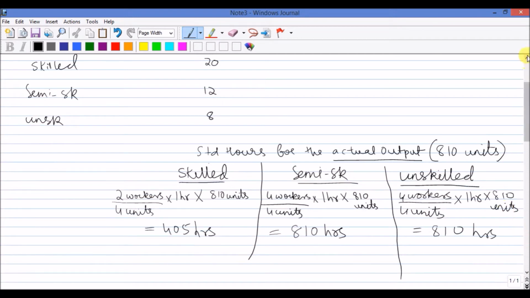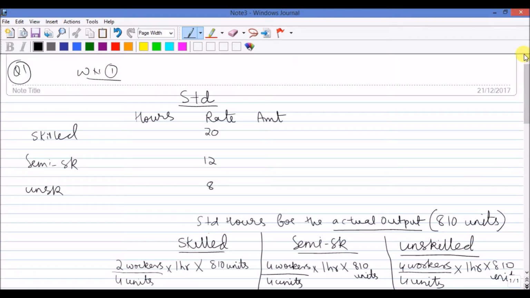So 405, 810 and 810. So total is 2025 hours.